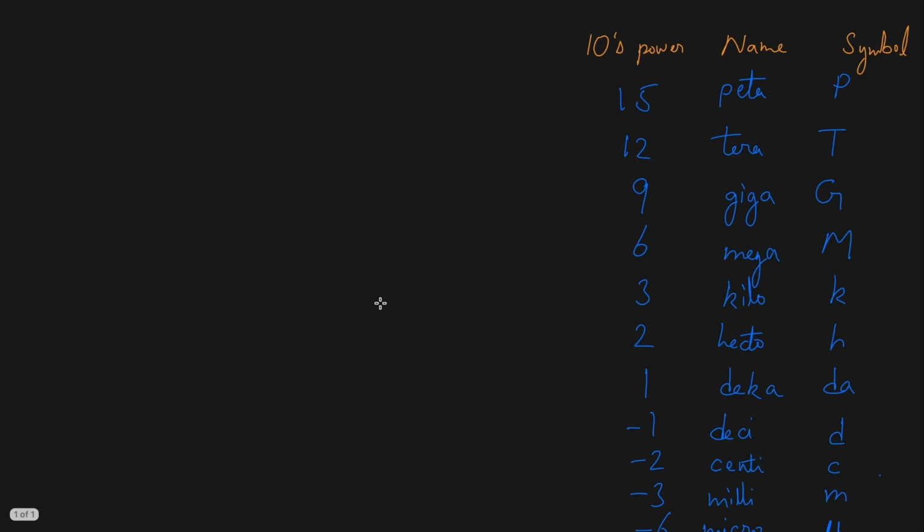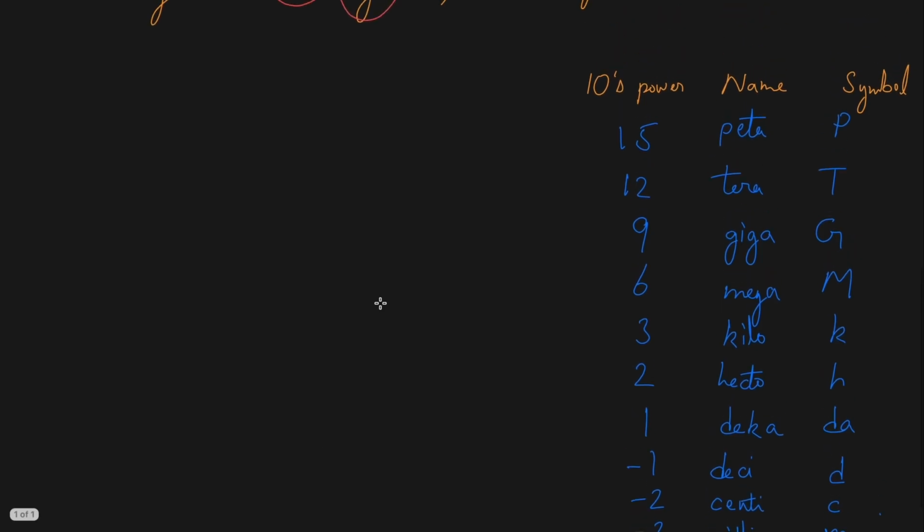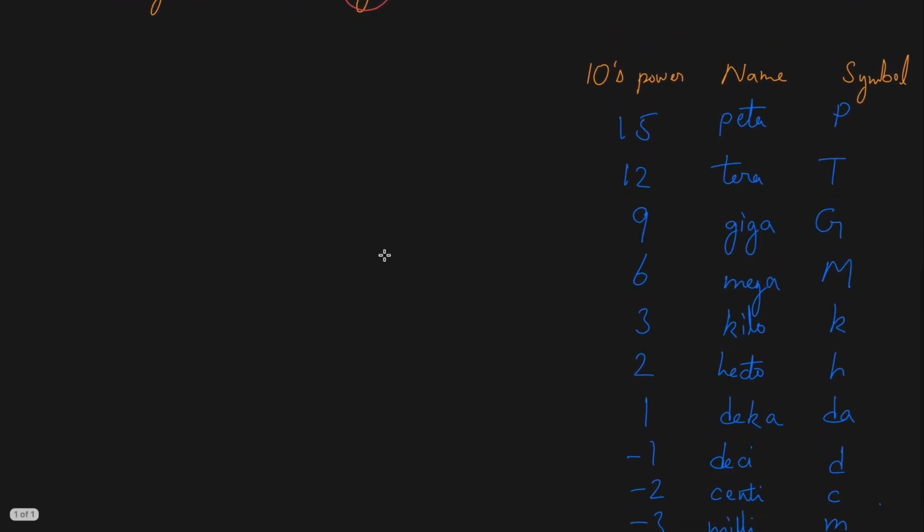Looking at the table, you might remember some of these prefixes and might have heard or read them somewhere in your classroom textbooks or in day-to-day life, especially in the gadgets that we use. So let's take some examples from everyday life to make it a bit clearer. Let's start with tera.